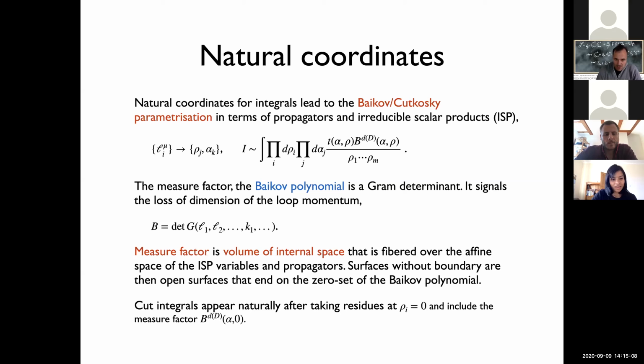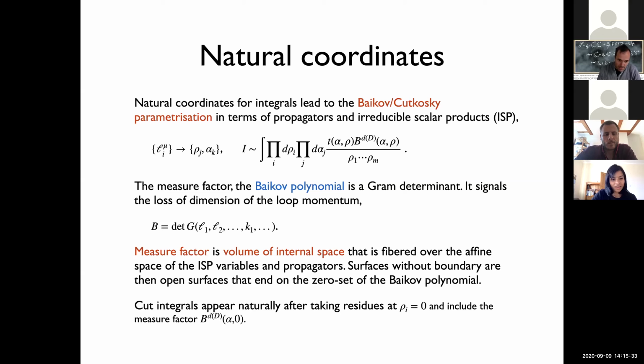Okay, so this is a convenient way to write the integral, because now rho is not a polynomial function, but really a variable, so it's very easy to mod out by rho, and discuss actually the on-shell properties.